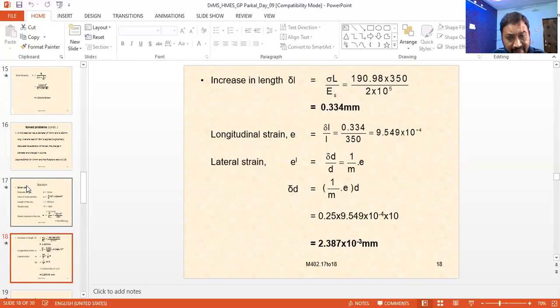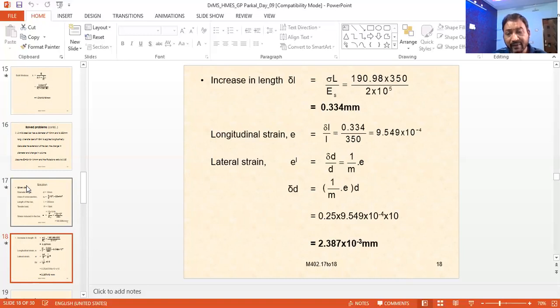Now the next step is lateral strain. Here the given is a round bar, or a circular bar, and the force is applied along the length. The lateral dimension will be the diameter. So the lateral strain can be found by change in diameter by original diameter.